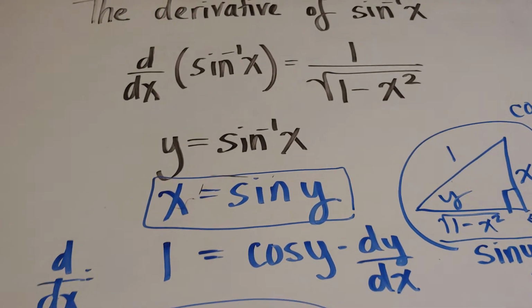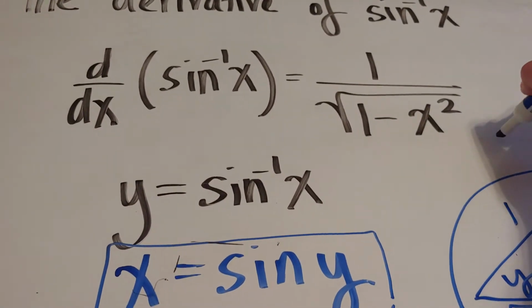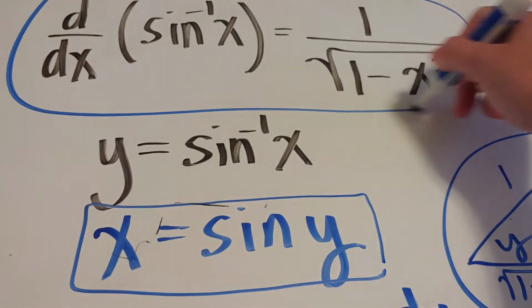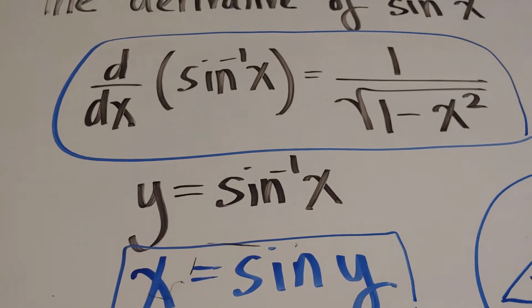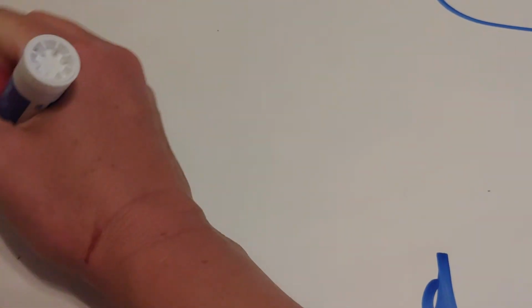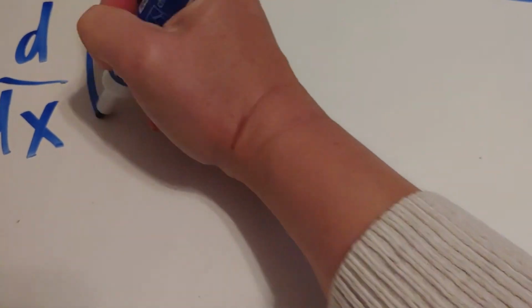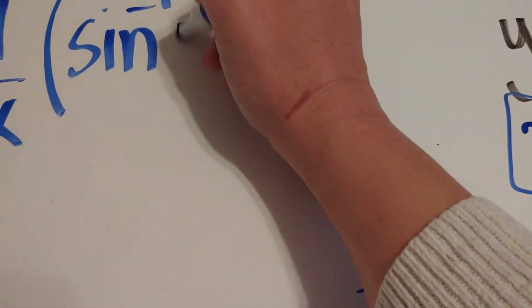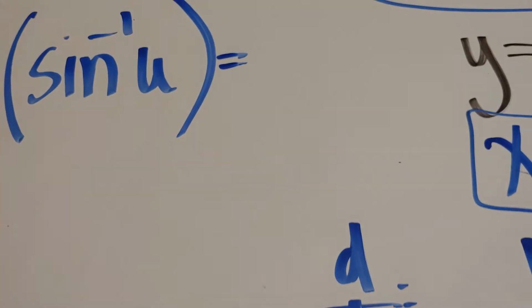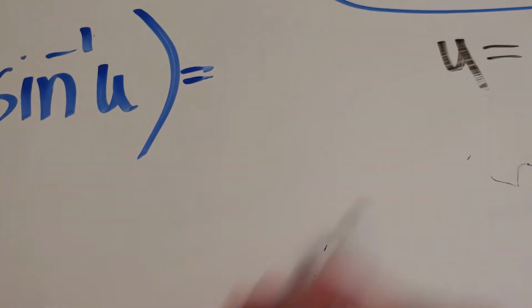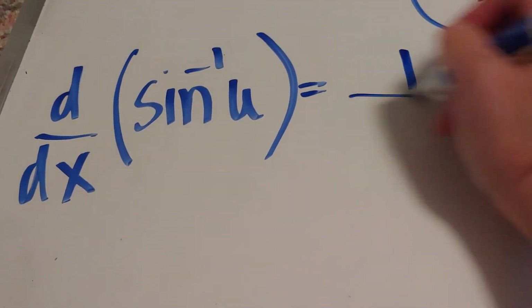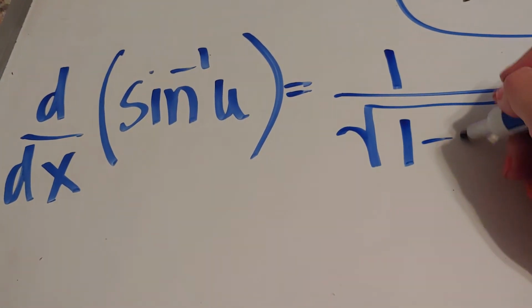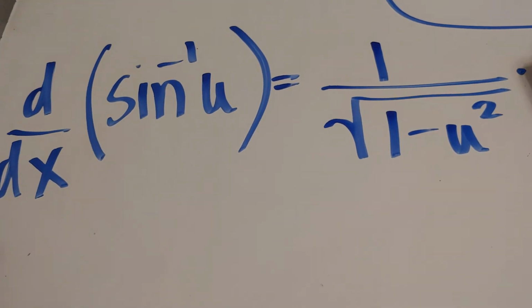Now, fun fact. Not only do I want you to memorize this, but I want you to memorize what it looks like for chain rule. So what it would look like in chain rule is the following. d dx of sine inverse of u would be one over the square root of 1 minus u squared times u prime.